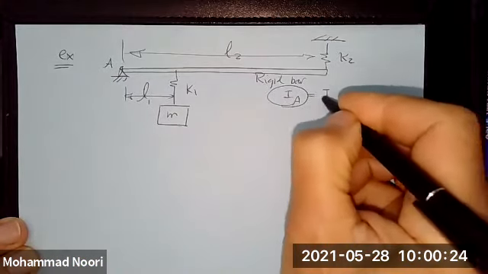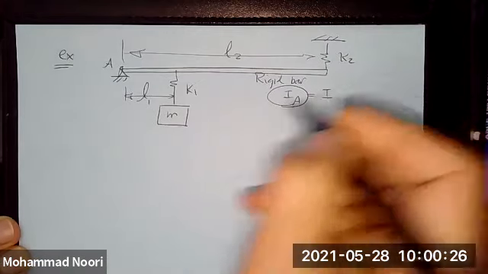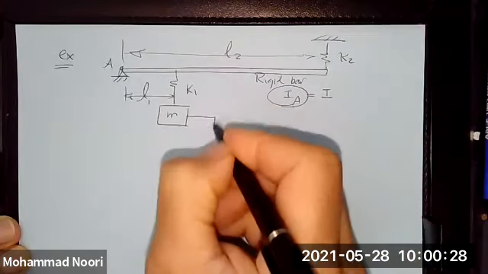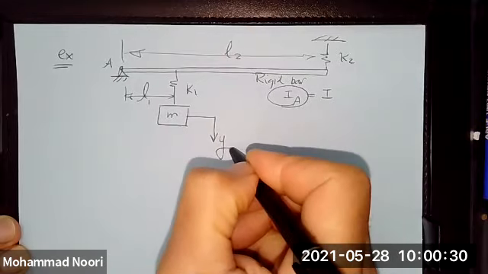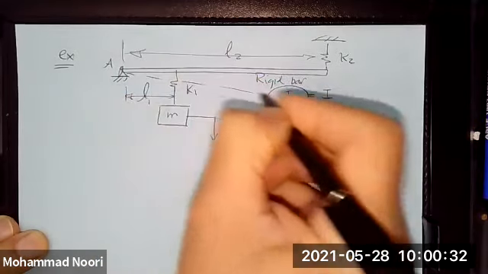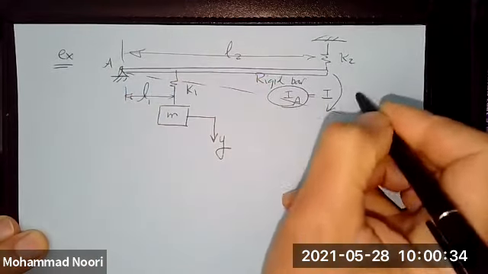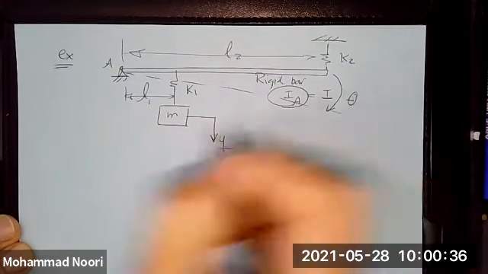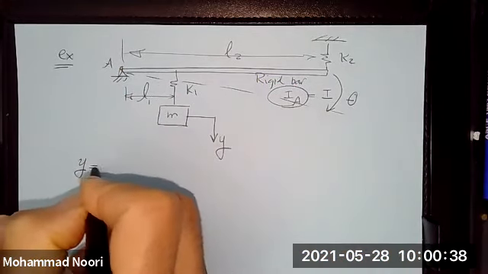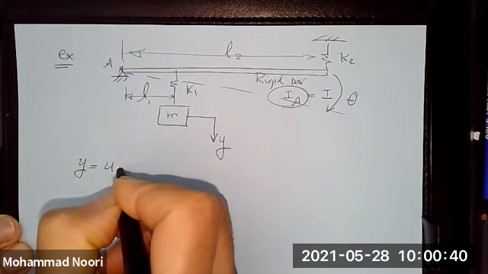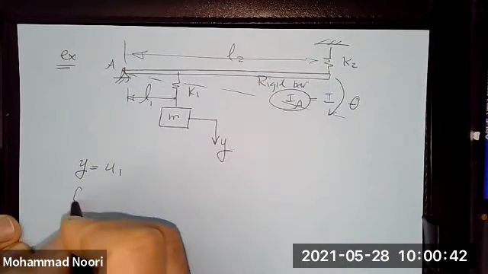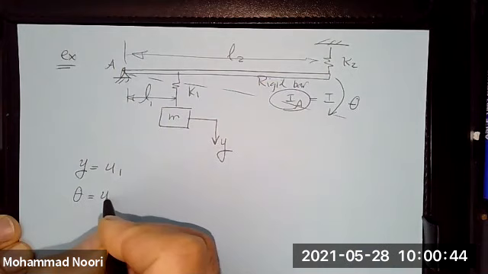Let's call that I. There are 2 degrees of freedom here. Displacement of this mass, I call that Y, and the displacement of this bar, which I call theta. So Y is considered as U1, and theta I consider as U2.